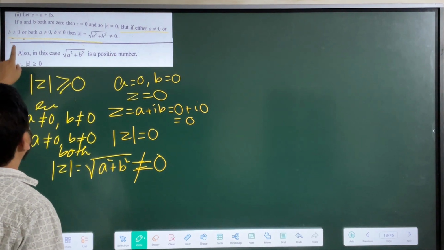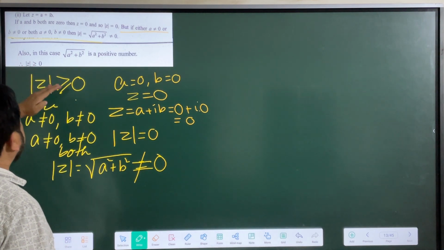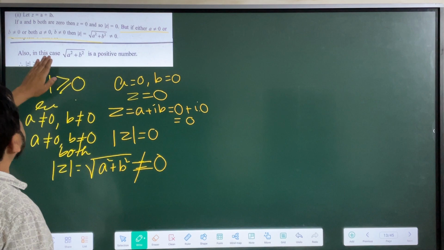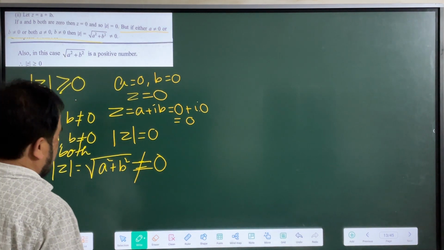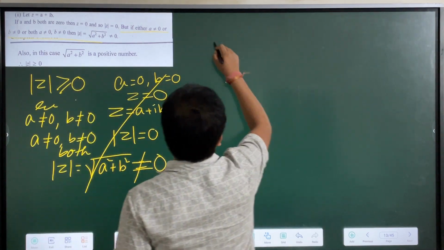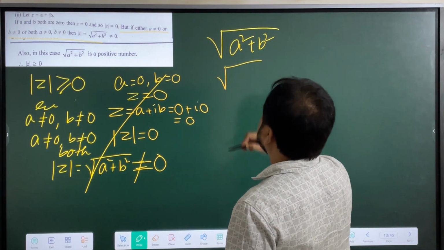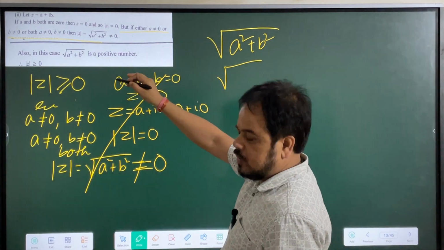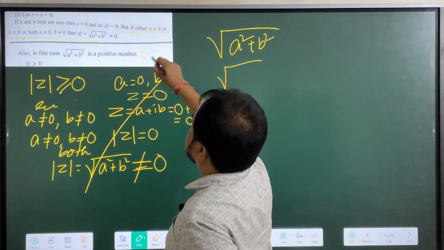But also what we have to show is that modulus of z is greater than or equal to 0. Equal to 0 and greater than. So also in this case, the square root of a square plus b square is a positive number. Look here, forget about this. The square root of a square plus b square. The square root of anything, in a complex number, we will always get a positive number.